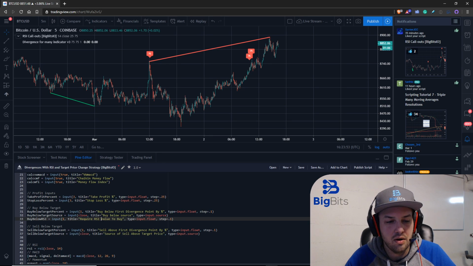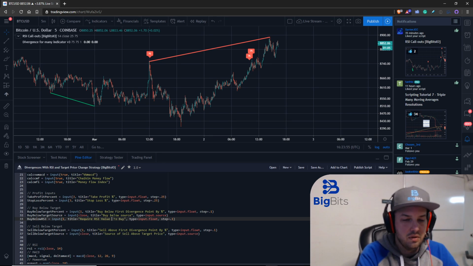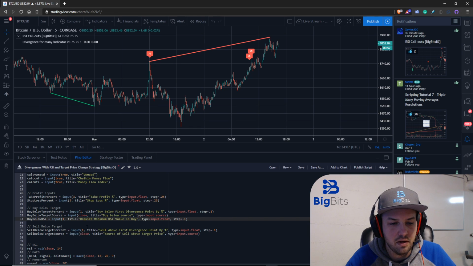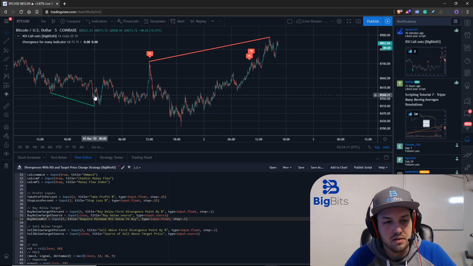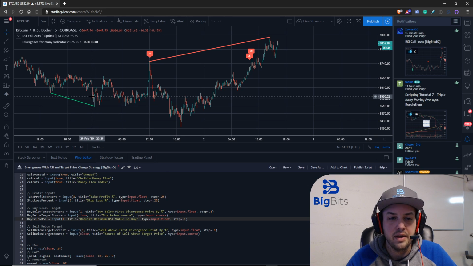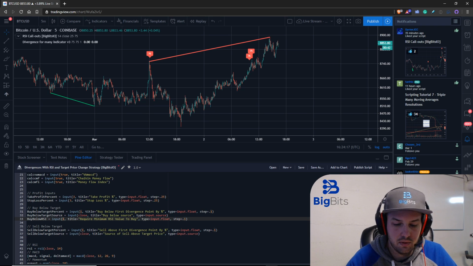So require RSI value to okay, we'll just call that the minimum RSI value to buy. So require a minimum RSI value to buy. This way, when the price is going to go down, we're going to require that the RSI be below 20, let's say, to start with.